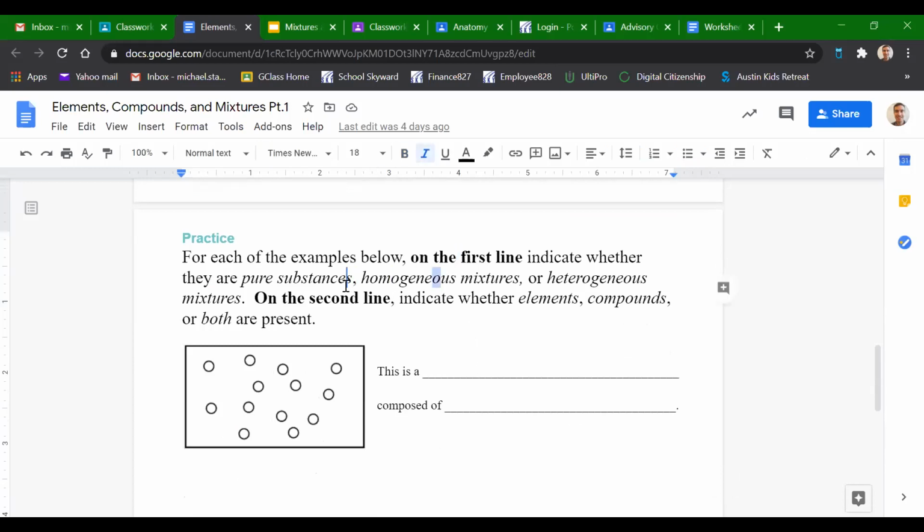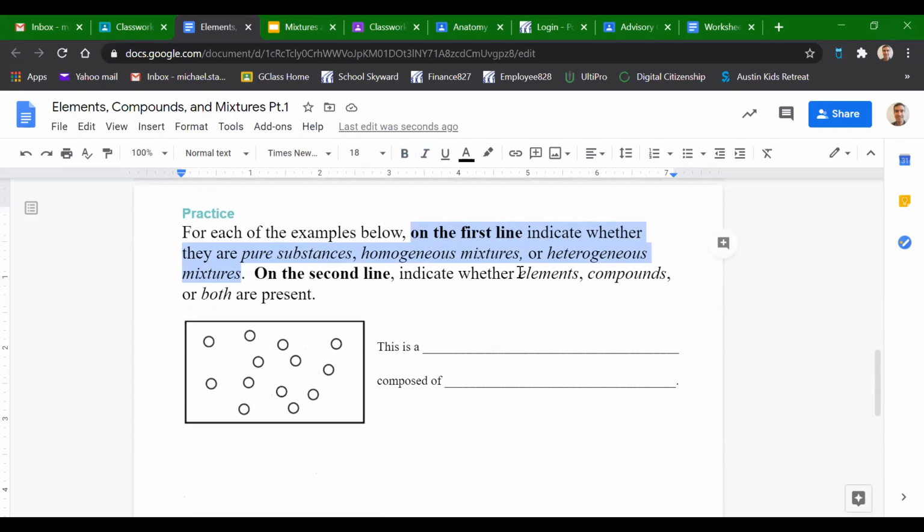I want you to write down, is our picture a picture of a pure substance, of a homogeneous mixture, or of a heterogeneous mixture? So one of those three things, pure substance, homogeneous, heterogeneous, goes on the first line.